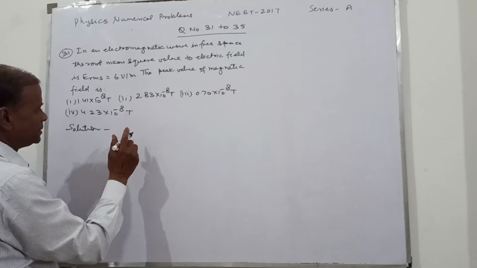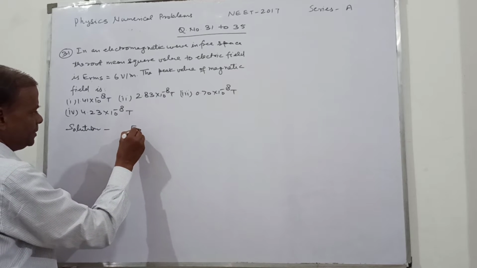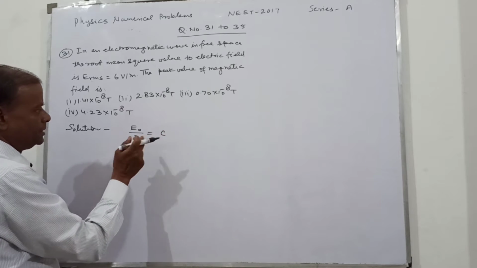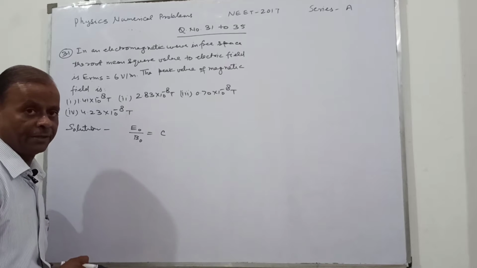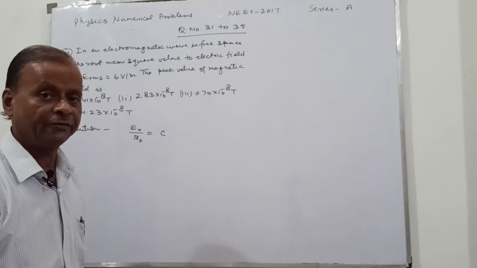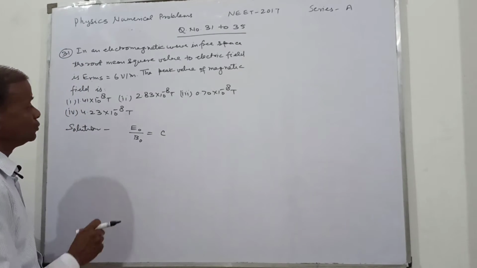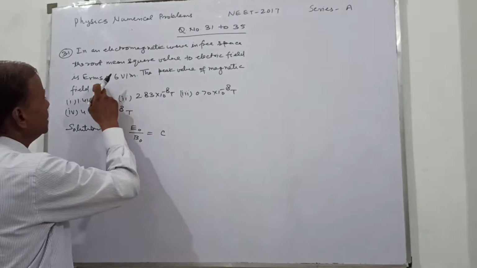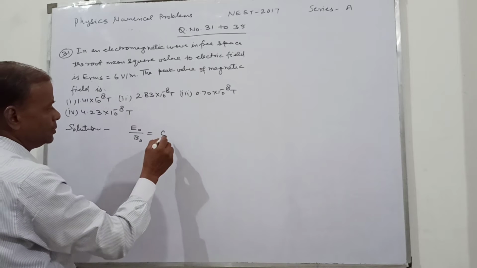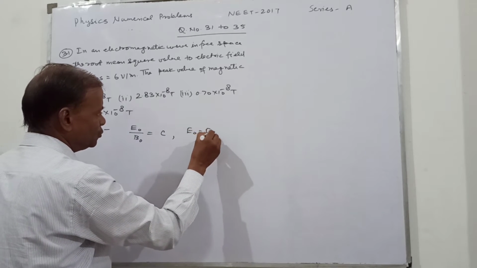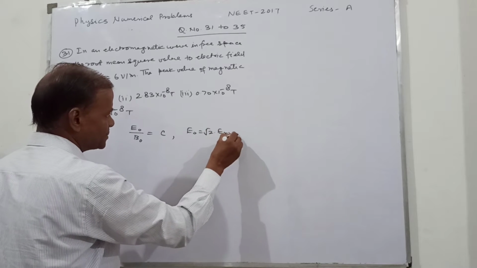So now we know that E naught upon B naught is equal to C. This is the formula. The ratio of the electric field to the magnetic field is equal to the speed of light. So this E_RMS is given here. So this E naught equal to root 2 into E_RMS.